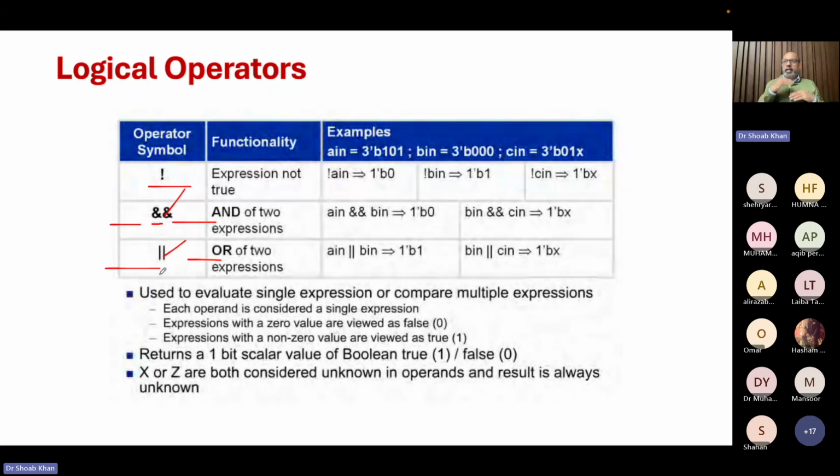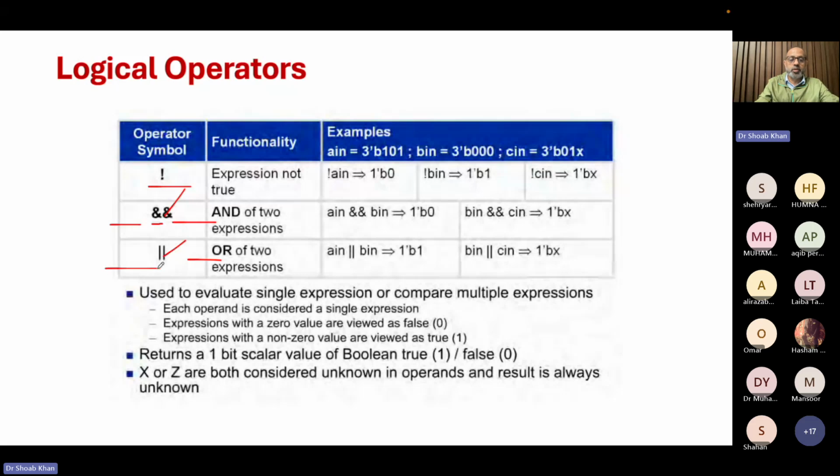So you forget to write the double and, which is a logical AND. Logical means that you say this is true and this is true. If you write a single and, it will still be a valid statement, but what will it do? It will take the bitwise ANDing of the two numbers and give you a result, and you will get a wrong answer.